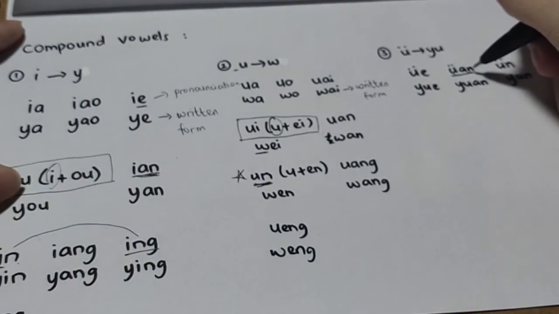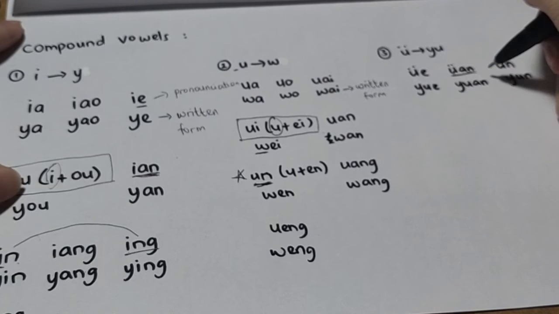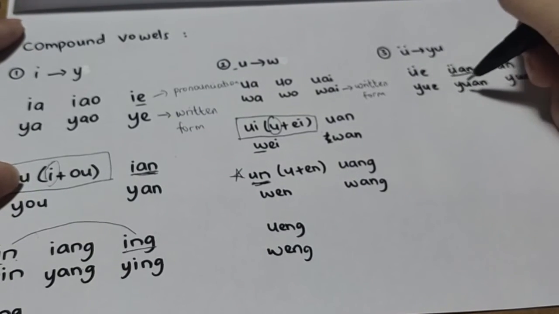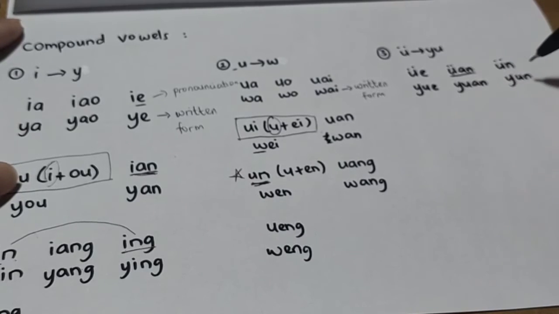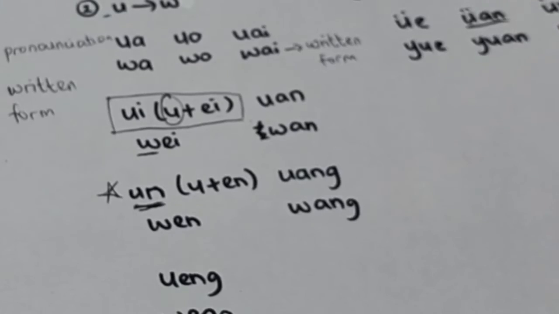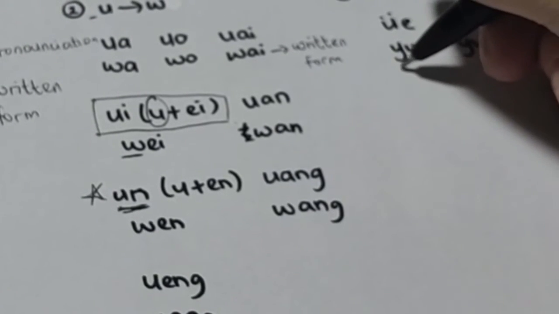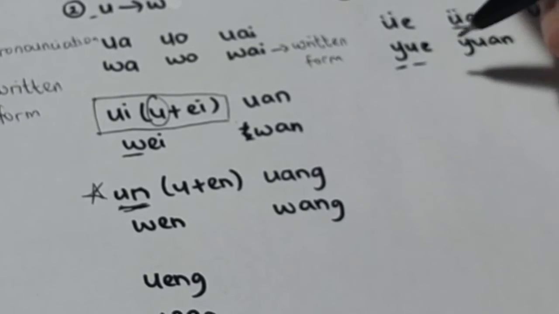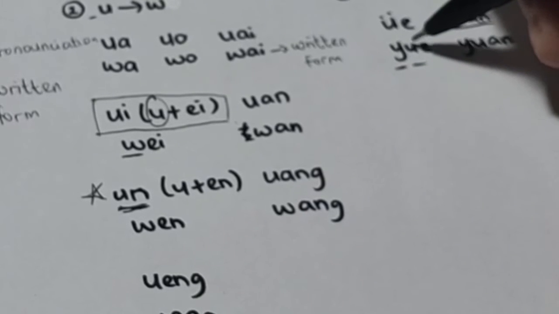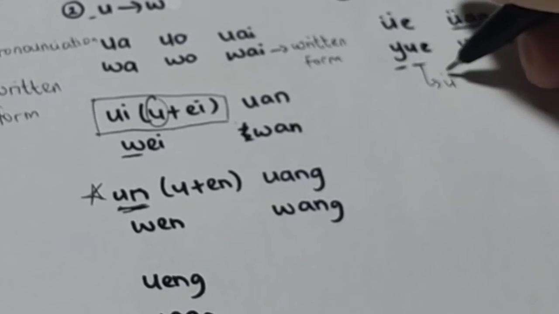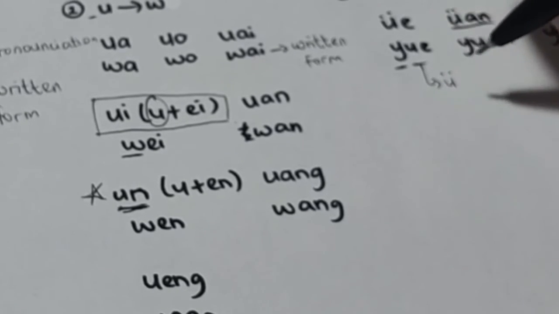This one is pronounced as Yuan. Yun. So remember, when there is Y and U in one word, always remember to read the U sound into the U. We always pronounce it as U.